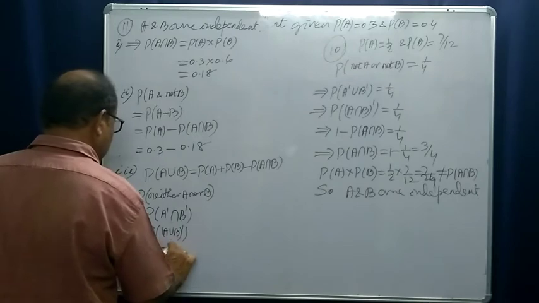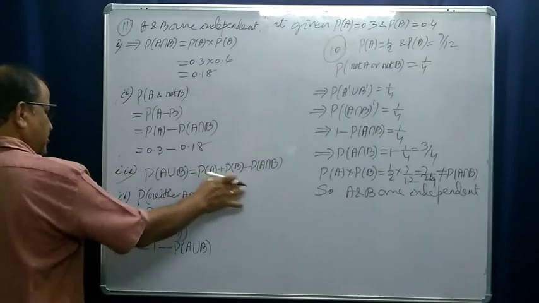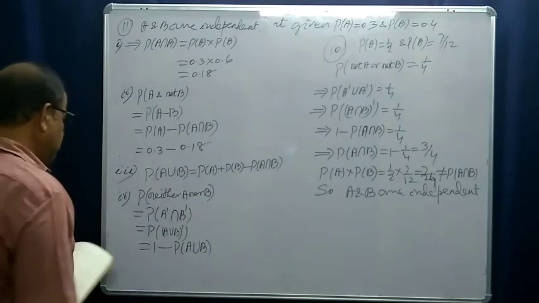That is equal to 1 minus probability of A union B. You have already obtained probability of A union B. Put it here, you will get this.